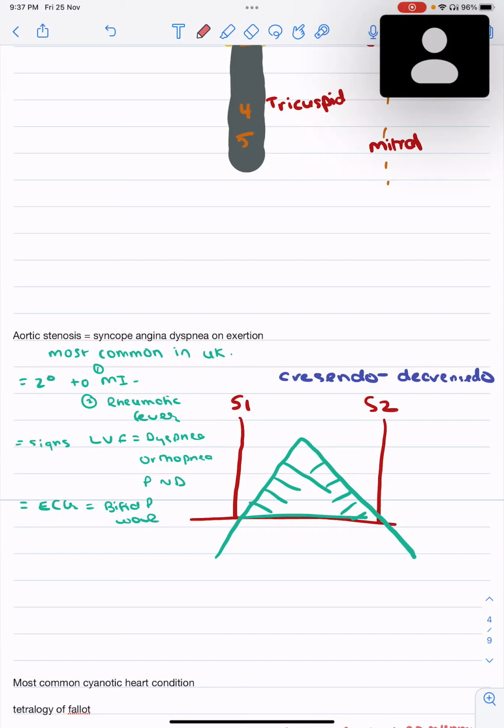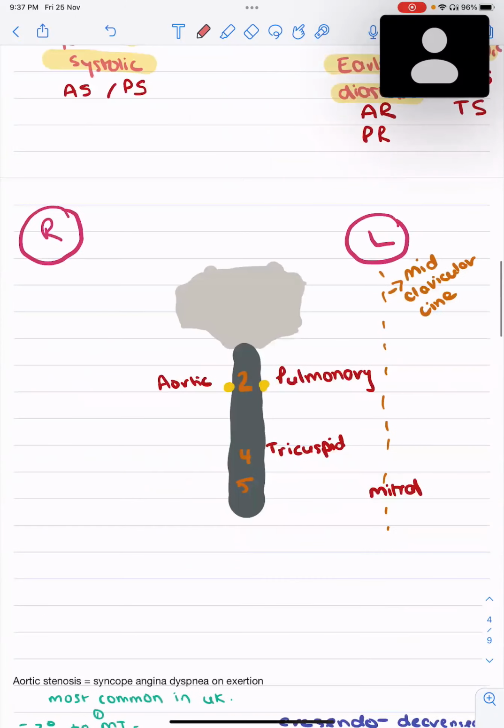All right, guys. One more thing I forgot to tell you is the site. For aortic, you draw a sternum and make these three checkpoints for yourself: second, fourth, and fifth intercostal space.